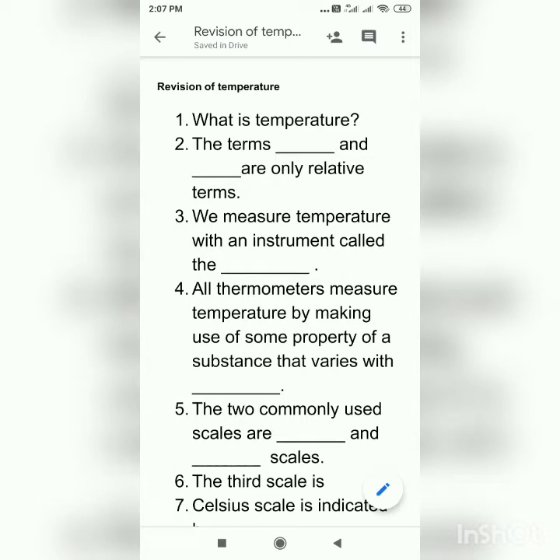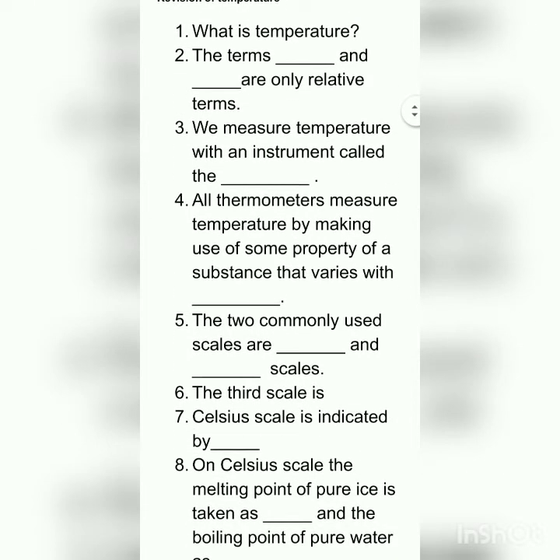We measure temperature with an instrument called the thermometer. All thermometers measure temperature by making use of some property of a substance that varies with what? Temperature. You know that things expand due to the temperature, like alcohol and mercury.